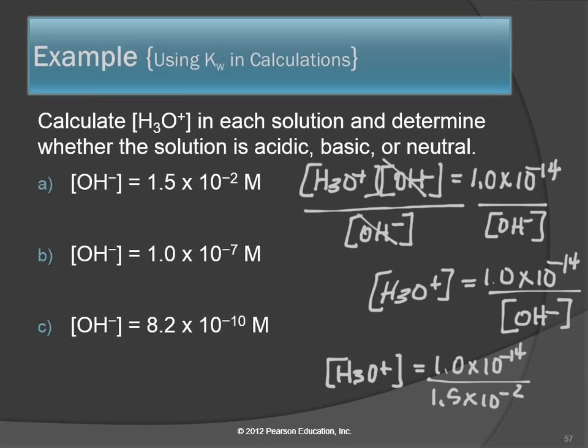So 1 EE minus 14 divided by 1.5 EE minus 2 equals hydronium ion is, I'm getting 6.7 times 10 to the minus 13.